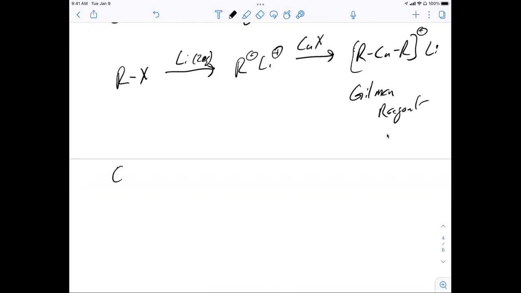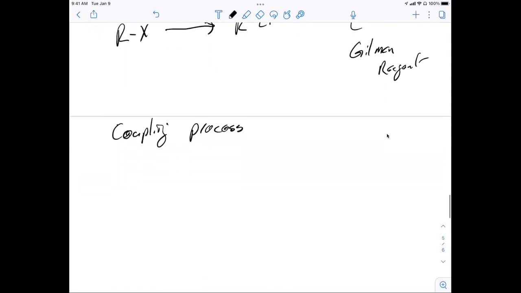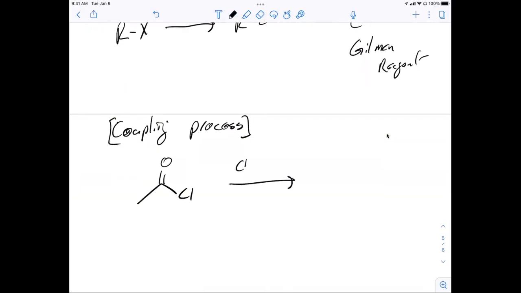Now, the Gilman reaction uses a coupling process. For this first one, this is a coupling process for acid chlorides. So our Gilman there with the 2 ethyl groups on it.